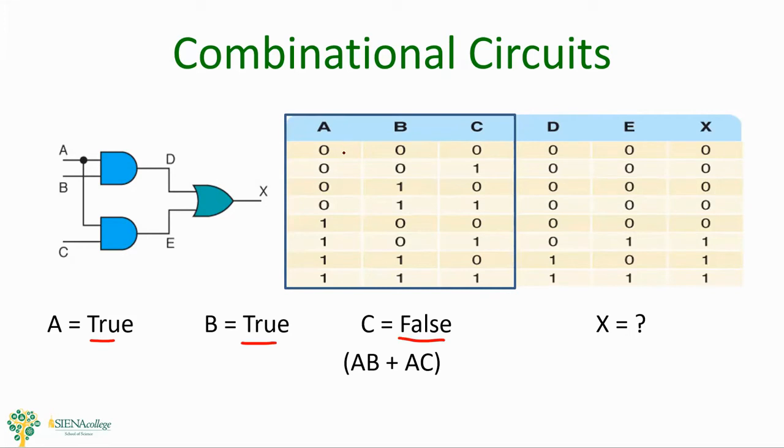Looking down, looking for A is true, which is down here on the second half, and B is true over here, and C is false. So this row, A is true, B is true, C is false. We can just look it up, and we know our output is 1. So our output for that, X is equal to true.